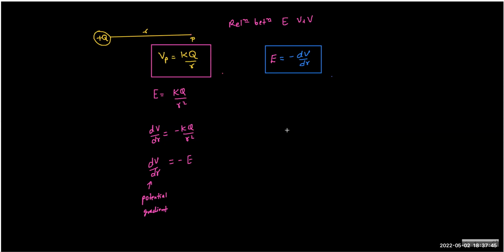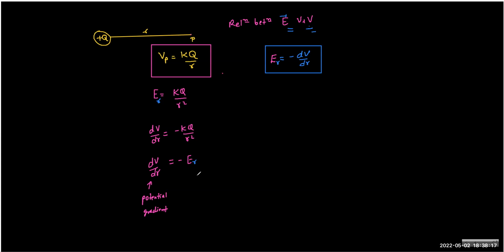First of all, electric field is a vector quantity and potential is a scalar quantity, so we cannot relate a vector with a scalar. What we are relating is actually the component of electric field with the potential. This is a radial field, and what you are getting is a radial component E_r, and the value of E_r is simply minus dV by dr. So we are trying to find the component of field in a given direction.